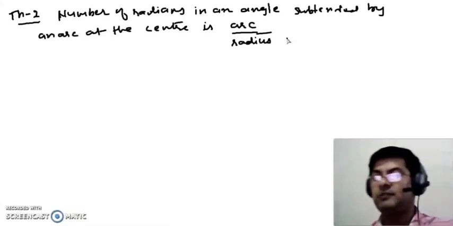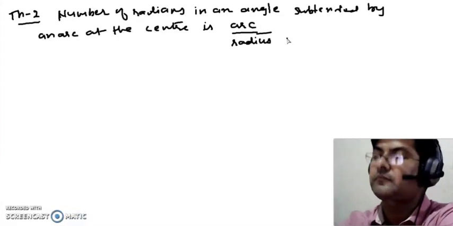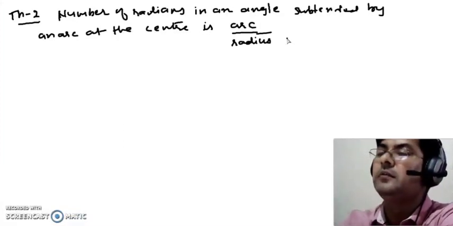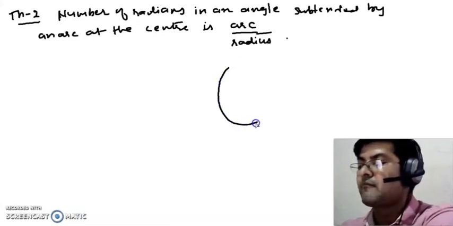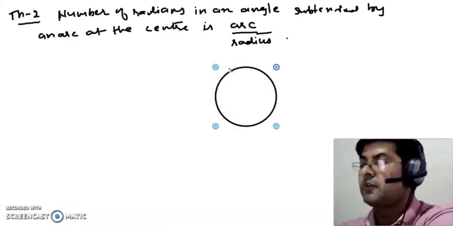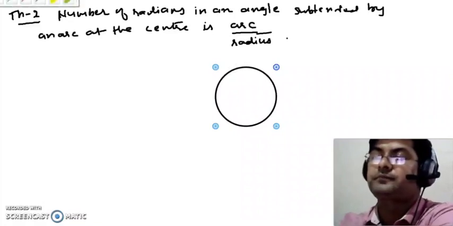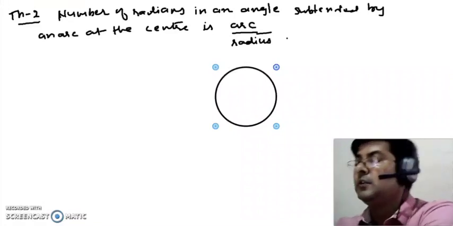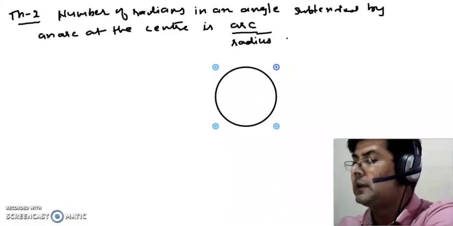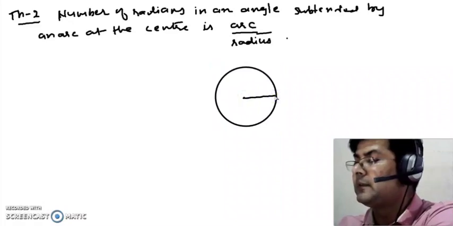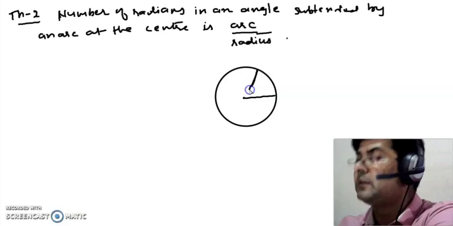Okay, so we have to prove that the number of radians can be calculated using the formula arc upon radius. For this we will consider a circle. Let us consider O to be the center of this circle.